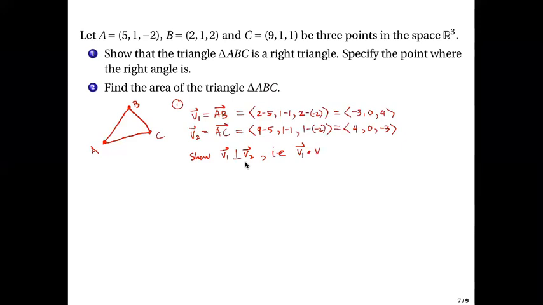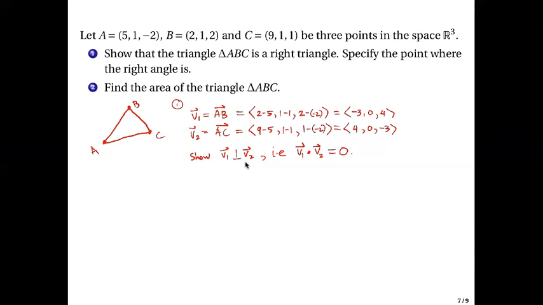V1 dot V2, we want to show that this is equal to 0. Remember that theorem? Two vectors are perpendicular if their dot product is equal to 0.